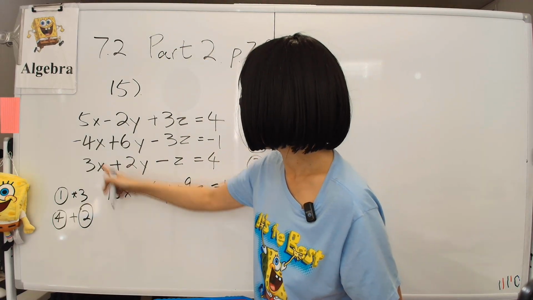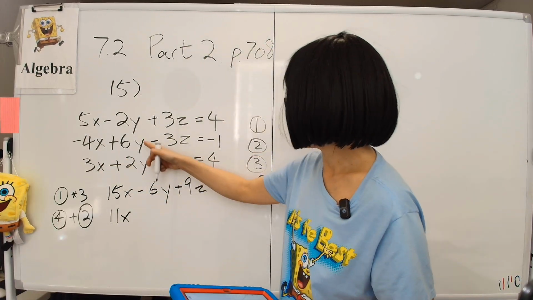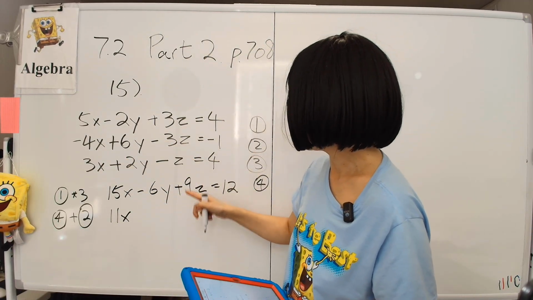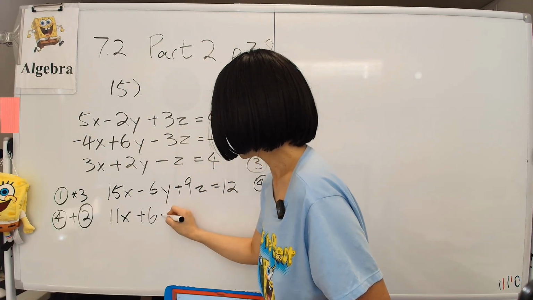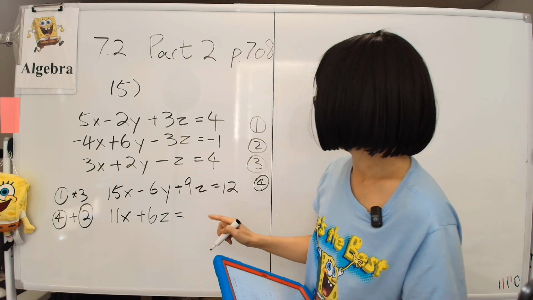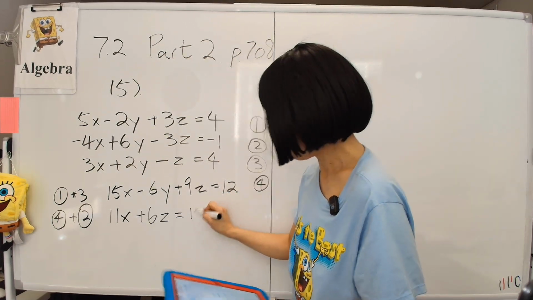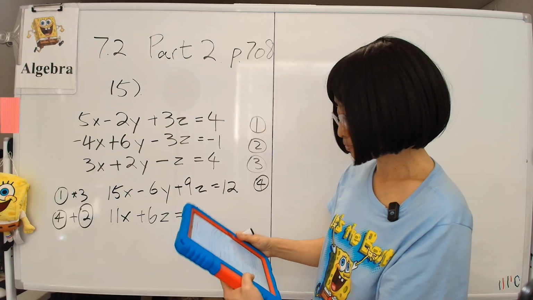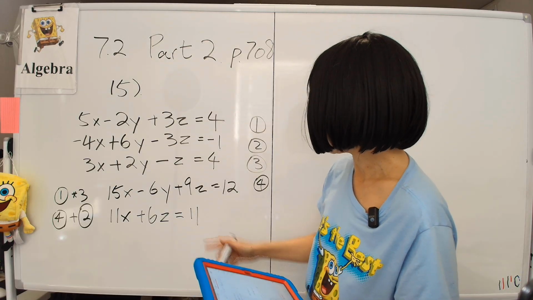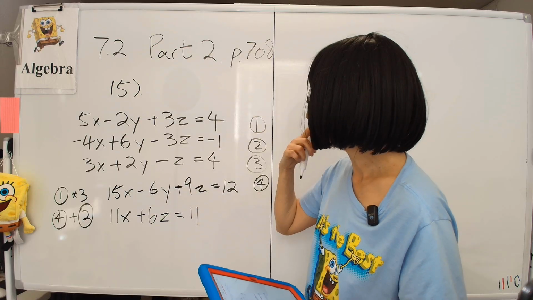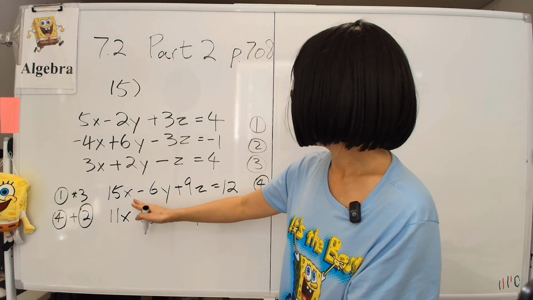So 15 minus 4, that's 11x. And then the 6y's cancel out like they should. And then plus 9 minus 3 is plus 6z, and that equals 12 minus 1, which is 11. Did I get it right? No, I'm sorry to say that I messed something up. Okay, let me check.